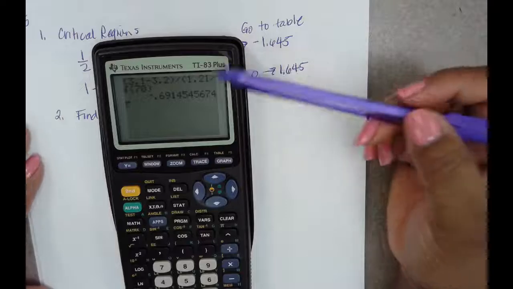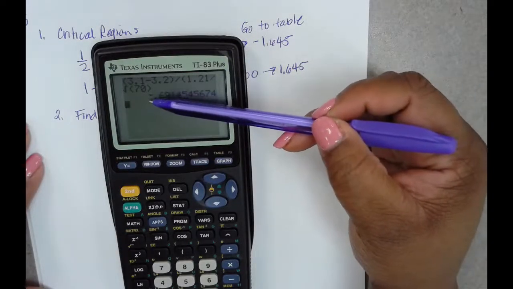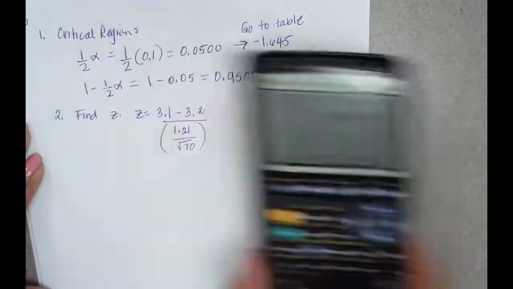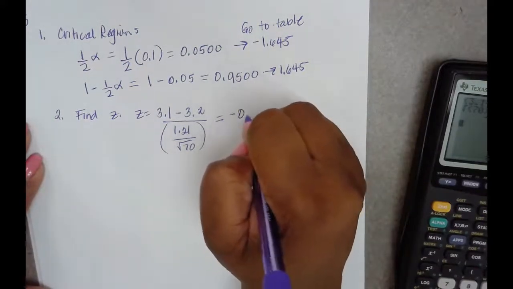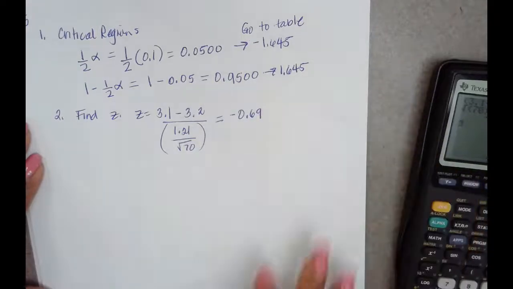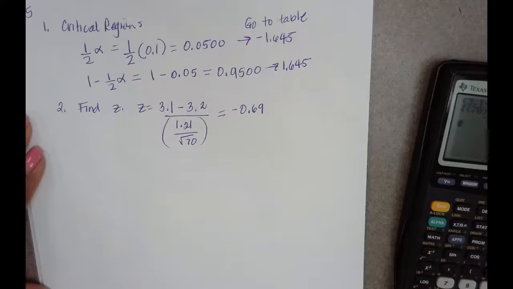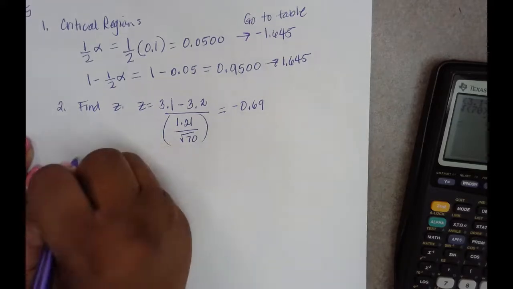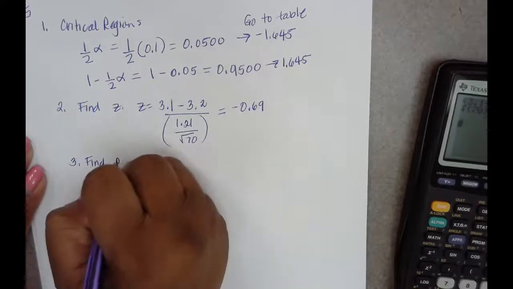We need two numbers after the decimal, so that's going to put us at negative 0.69. So Z is negative 0.69. Now what do we do with that? We now find our p-value.